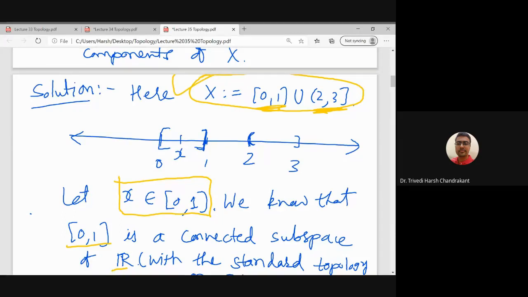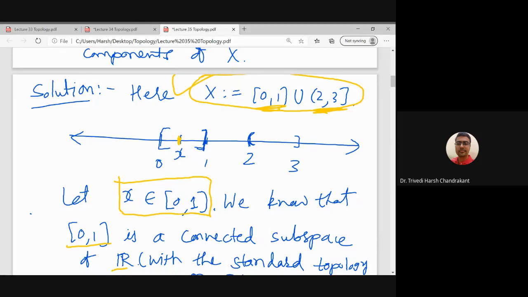If I take any point x in this interval 0 to 1, then what are the points equivalent to x? That we want to identify. What is the equivalence relation?